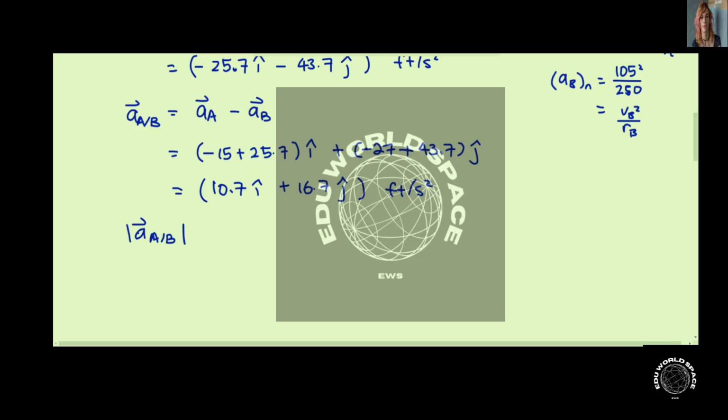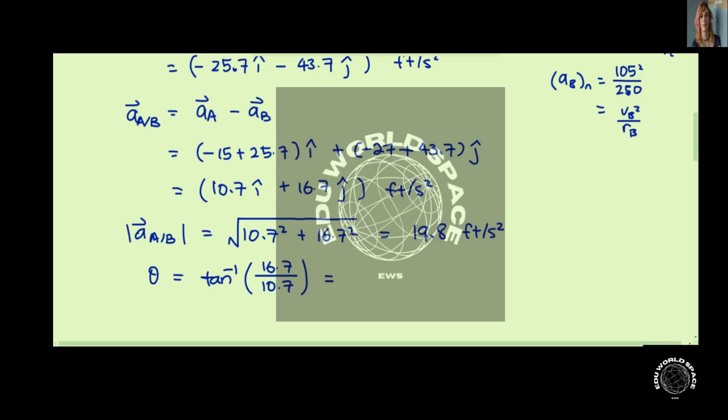For the magnitude of the relative acceleration, you take the sum of the squares of the components and take the square root, and you get 19.8 feet per second squared. The angle is the arctangent of the y component divided by the x component, which gives 57.4 degrees.